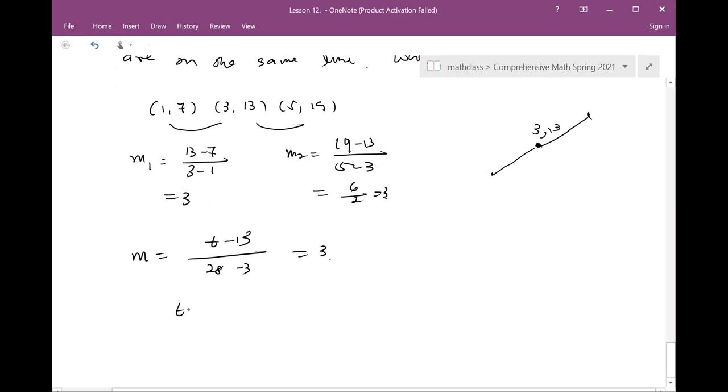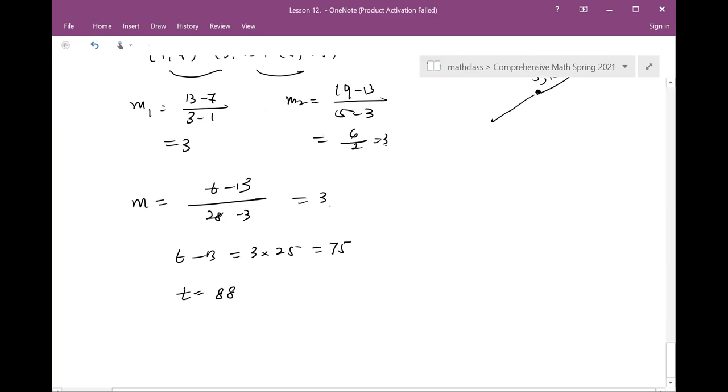That's all you need, okay? So t minus 13 equals 3 times 28 minus 3, with 25, it's 75. So t is going to be 75 plus 13, which is 88. Okay, that's about the slope.